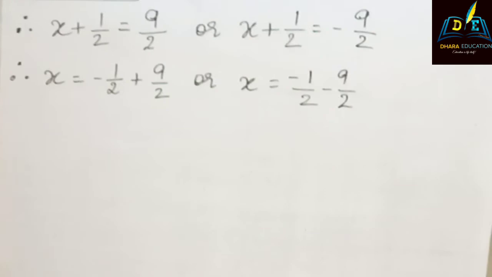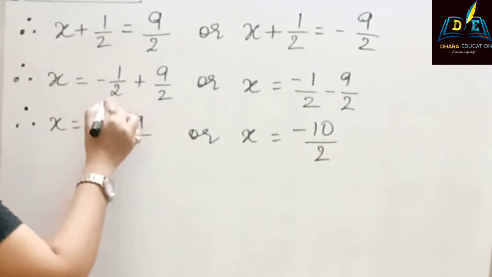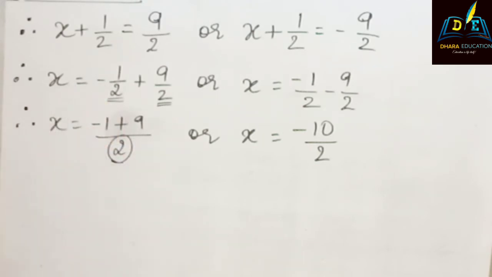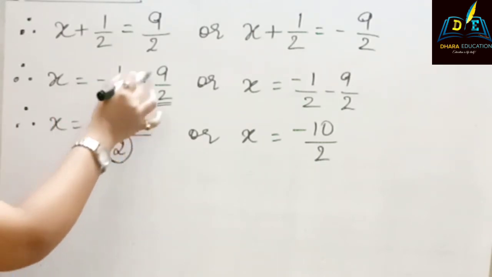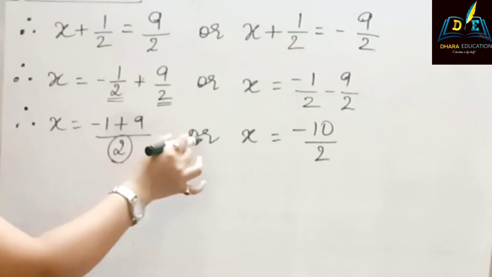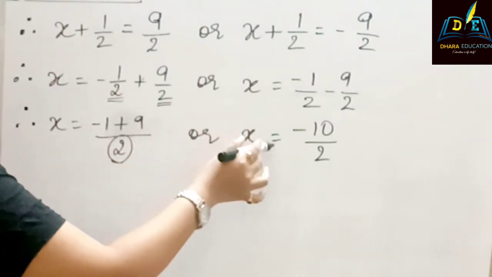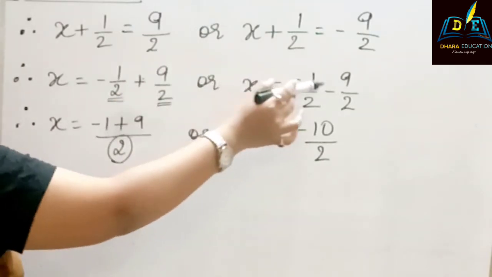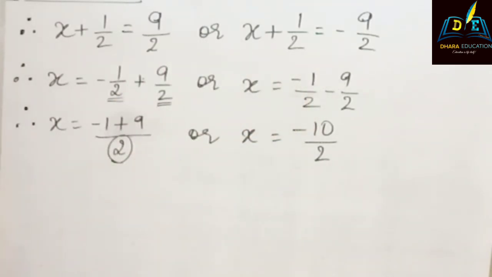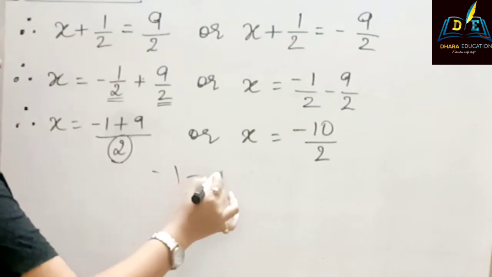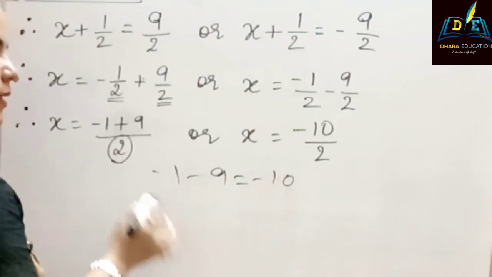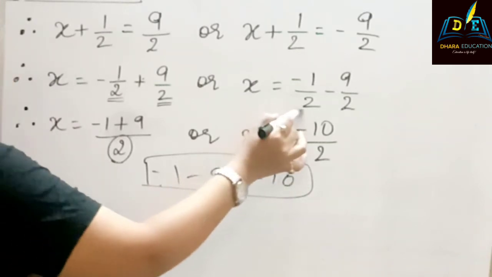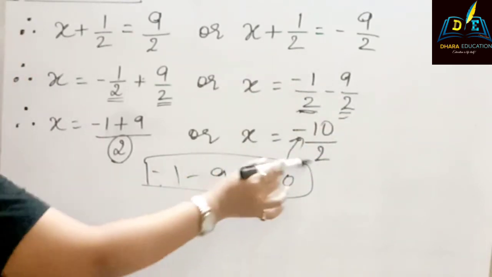So now students, as you can see, the denominator is the same, so I have taken it common over here. And then minus 1 plus 9, or here on the other hand, x is equal to minus 10 upon 2. How come? Minus minus gives you plus, right? So minus 1 and minus 9 gives you minus 10. So this particular thing happened over here. And again I have taken the common denominator, that is 2, over here.